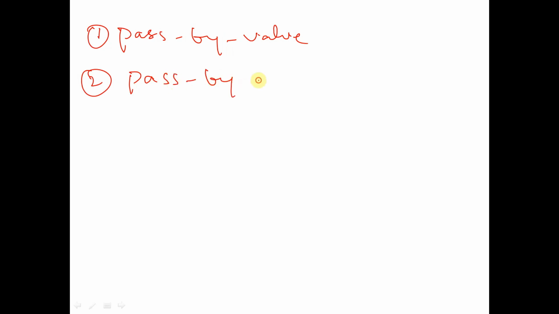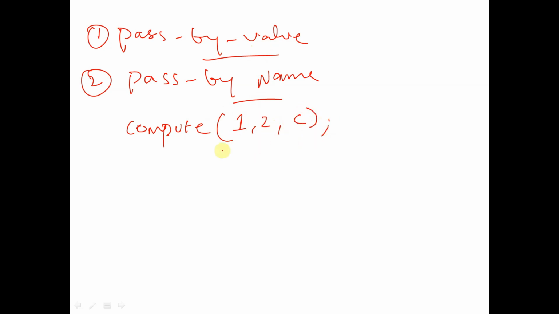So in case of pass by value and pass by name, when we are calling a function, say compute, and passing the value of the argument by either method, and collecting it in some variable c, what happens?